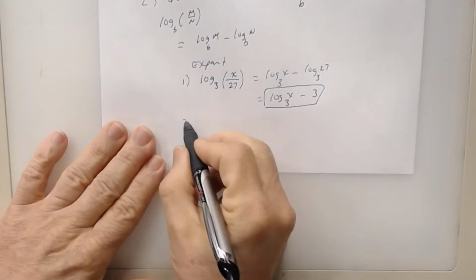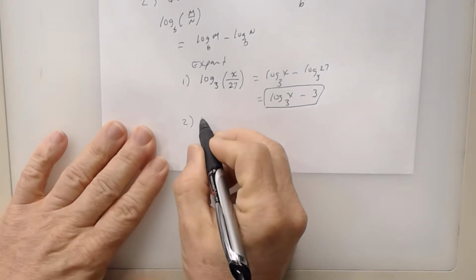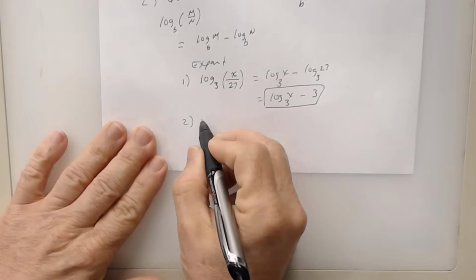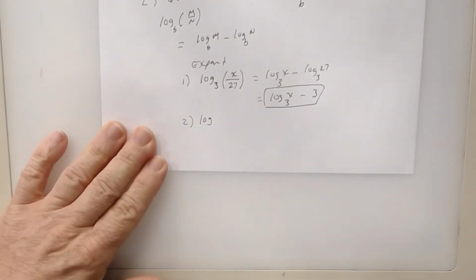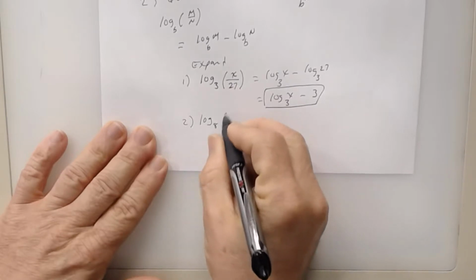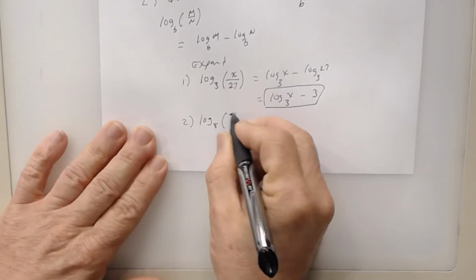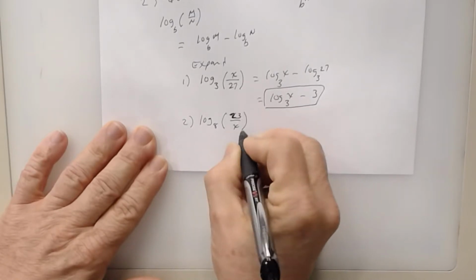Okay, number 2. The log base 8 of 23 divided by x.